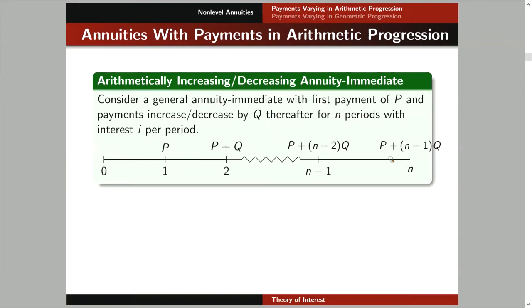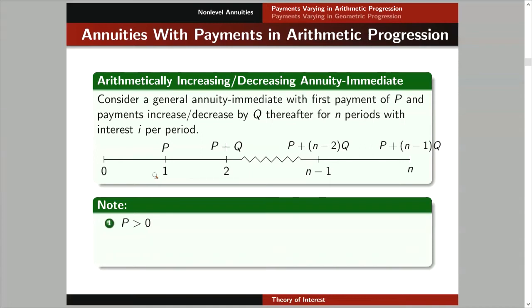So having this time diagram, we have the following notes. First, of course, P is a positive amount. And then, what can you say if Q is positive? It means we have an arithmetically increasing annuity immediate.